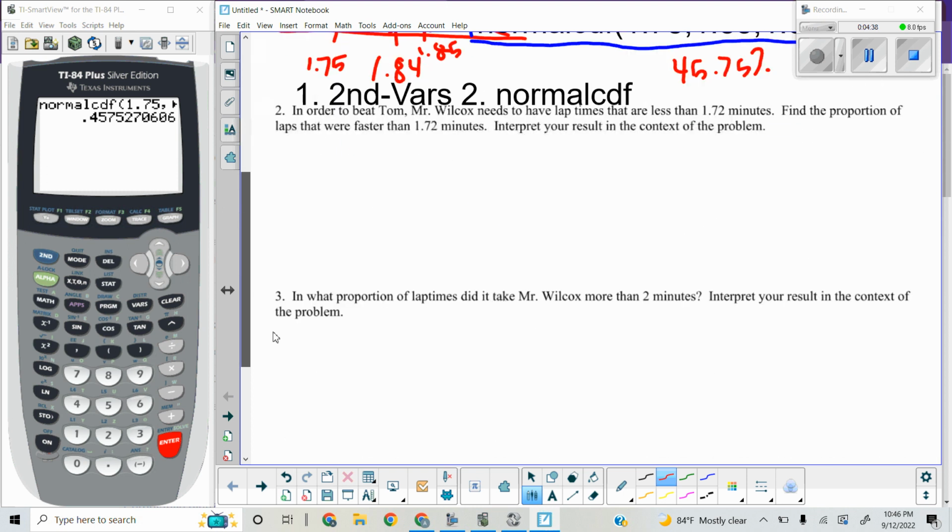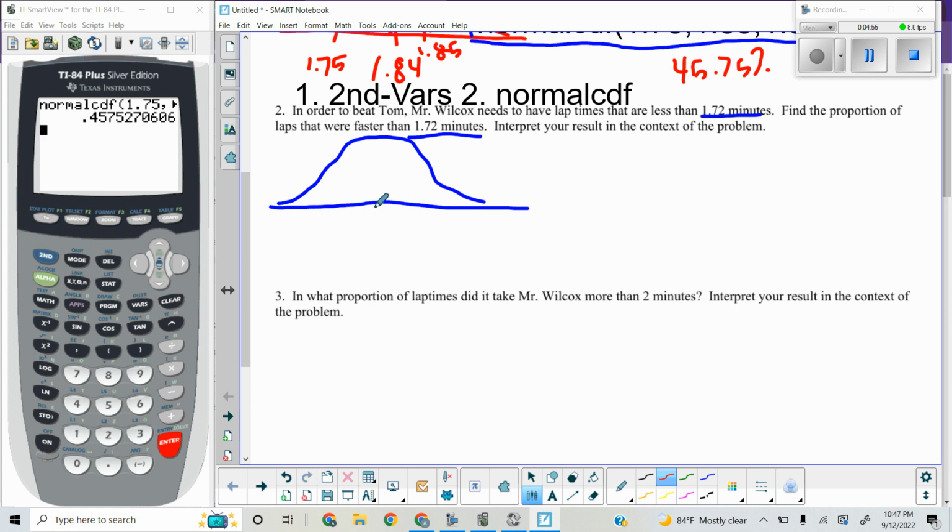So number 2, in order to beat Tom, Mr. Wilcox needs to have lap times that are less than 1.72 minutes. Find the proportion of laps that were faster than 1.72 minutes. So when we look at our curve, here's our standard deviation. 1.72 is less than that, and we want to find our lap times that are below that.